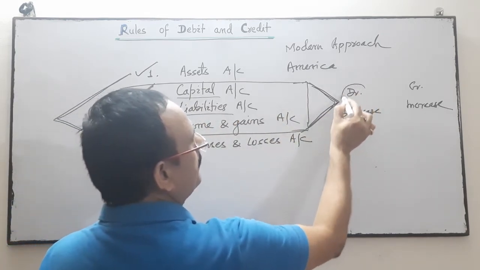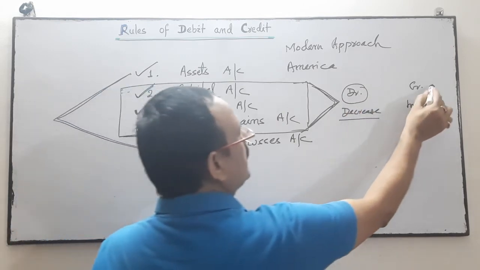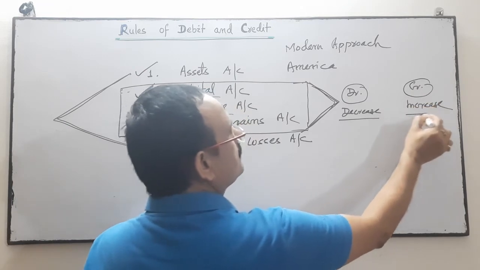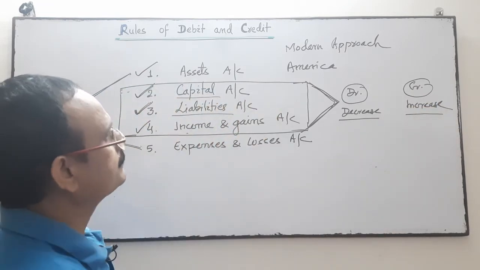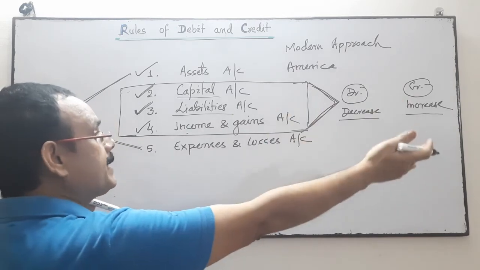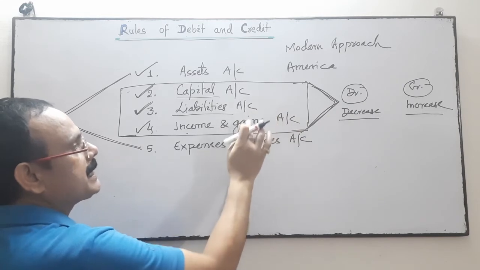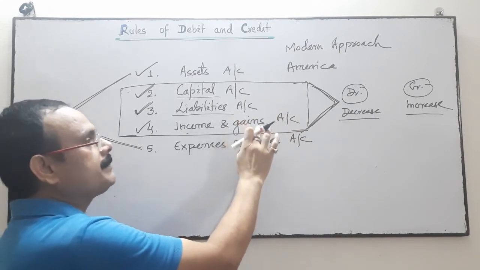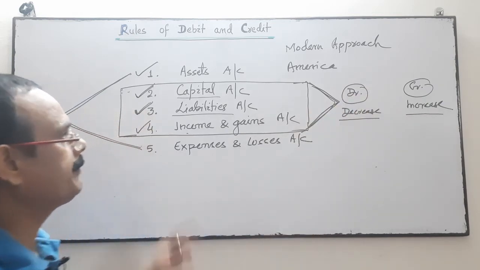The rule is the same: debit decrease, credit increase. If capital is increasing, it will be credited, and if capital decreases, it will be debited. Same with liability, same with incomes and gains. If income and gain is increasing, then credit, and if decreasing, then debit.